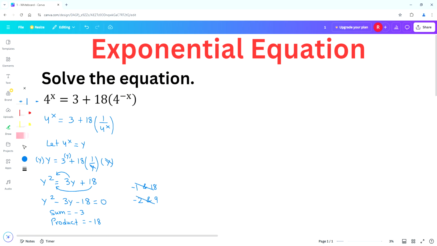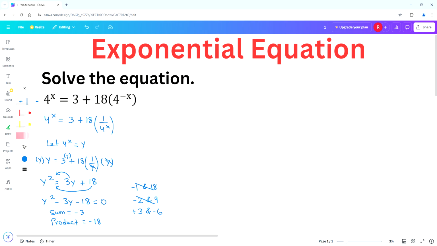The next pair that comes to my mind is negative 3 and 6. Negative 3 plus 6 is equal to 3. But we are looking for a sum of negative 3. So we should switch the signs on these two numbers. Negative 3 becomes positive 3 and 6 becomes negative 6. So the numbers are 3 and negative 6.